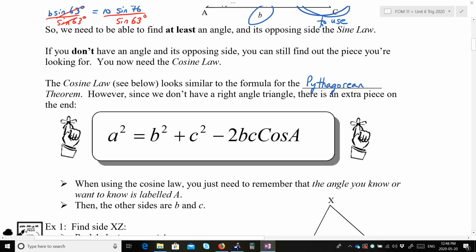Remember, the Pythagorean theorem was a squared plus b squared equals c squared. Okay, so it looks similar to that. There's just this extra piece right here. It says, however, since we don't have a right angle triangle, there is an extra piece on the end, this minus 2bc cos A.